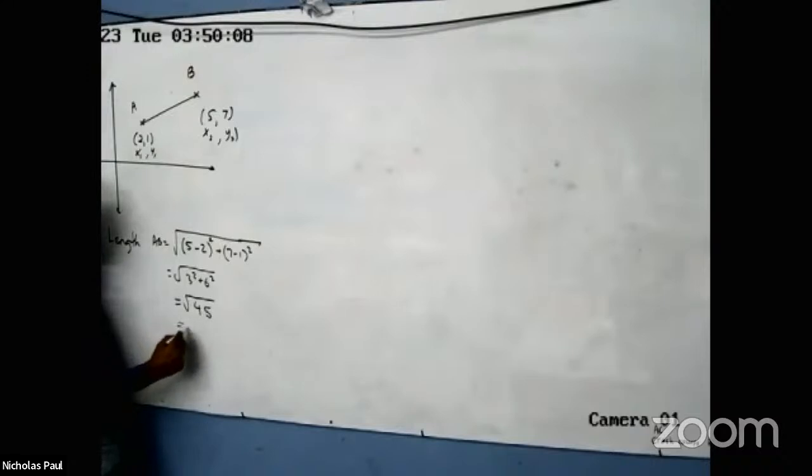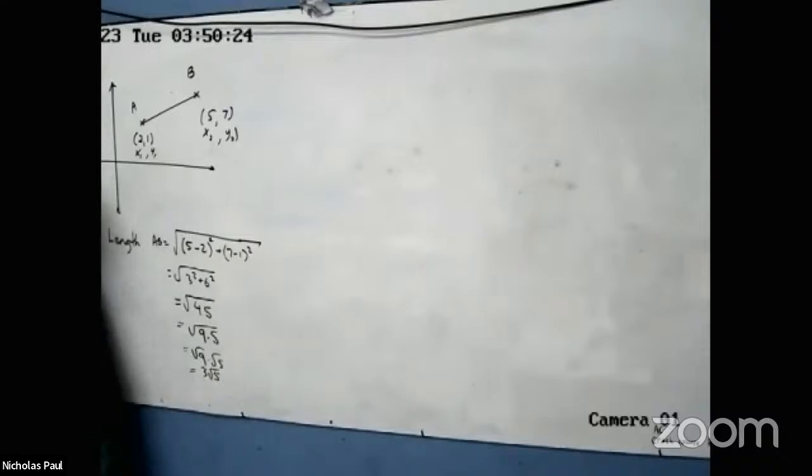Because 45 is 9 multiplied by 5. So you will end up with root 9, which is 3, by root 5. So you practice that one time. So root 45 is 3 root 5.